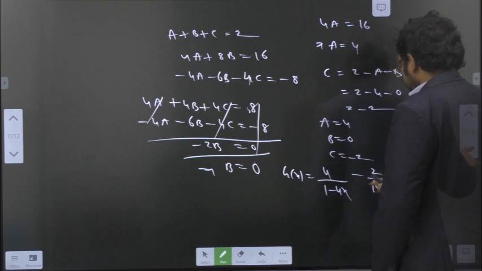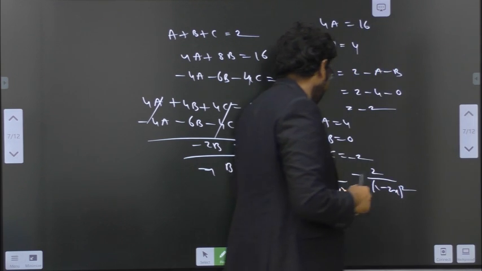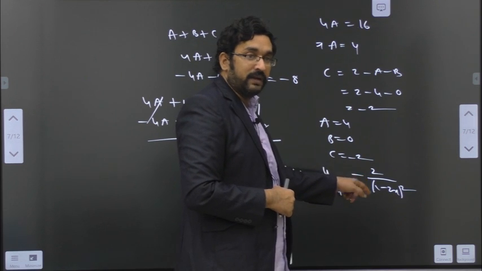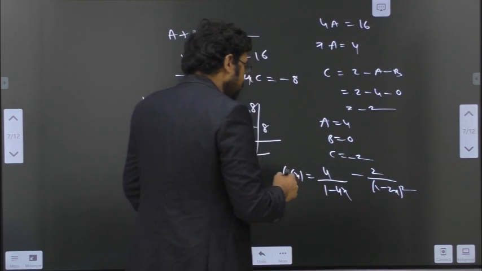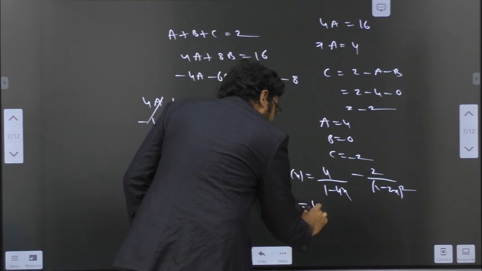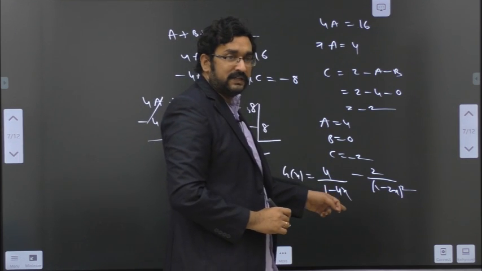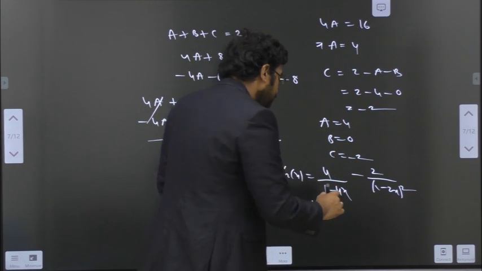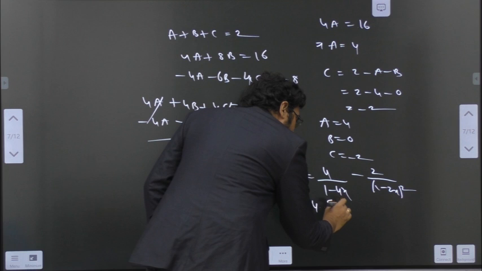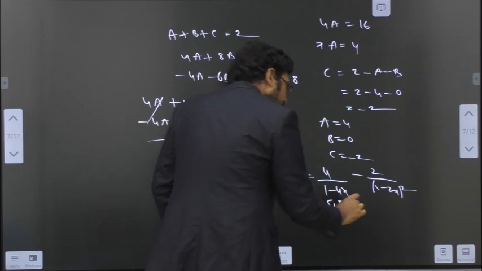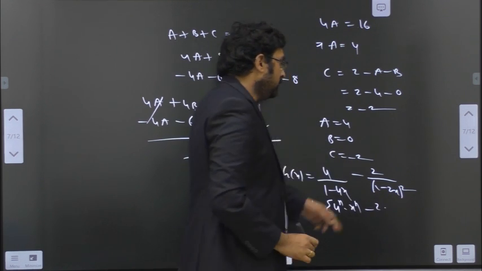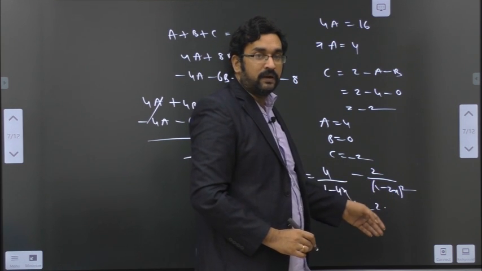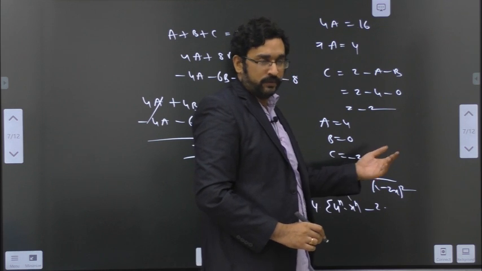As b is 0, we got it like this: 4 by 1 minus 4x minus 2 by 1 minus 2x whole square. So we will take 4 into 1 by 1 minus ax form. It is equivalent to sigma a power n x power n. So we can write sigma 4 power n into x power n, minus 2 into, here it is in the form 1 by 1 minus ax whole square, for which the formula is n plus 1 into a power n.